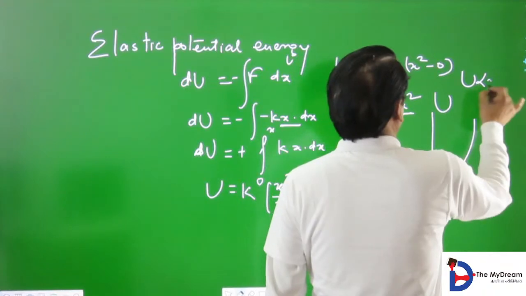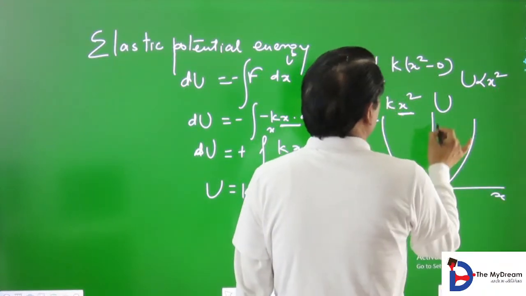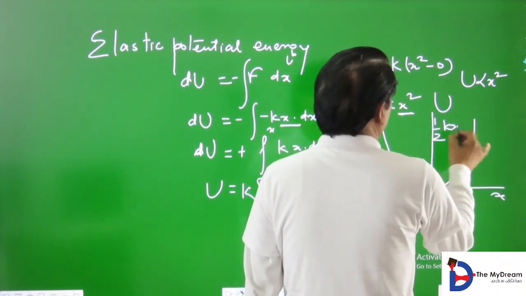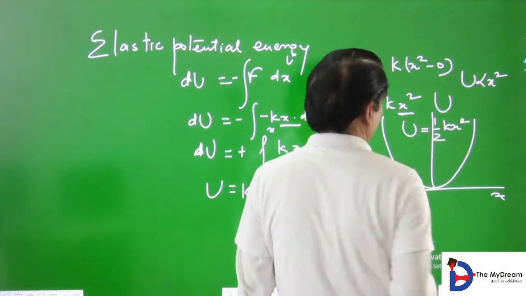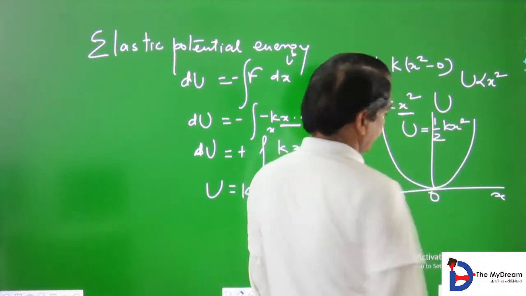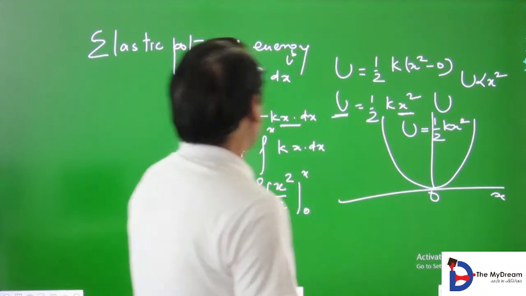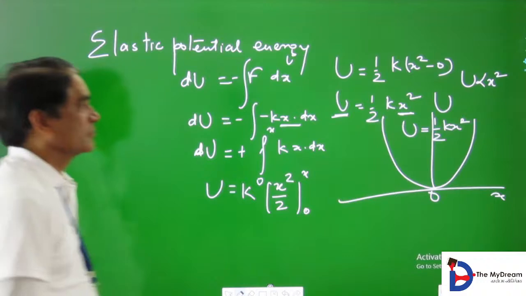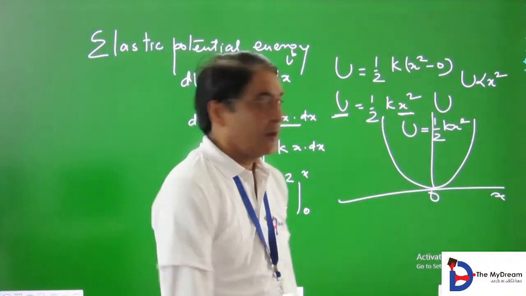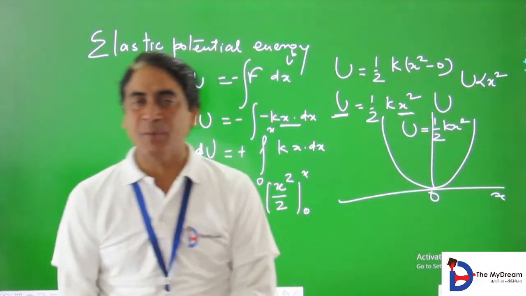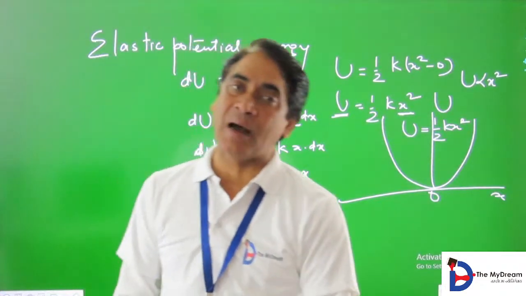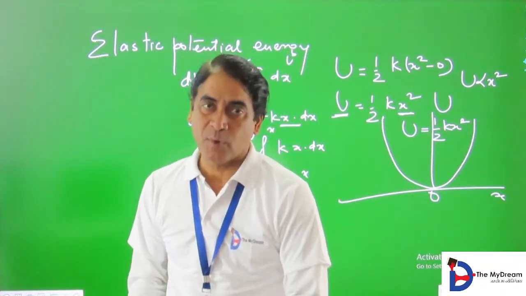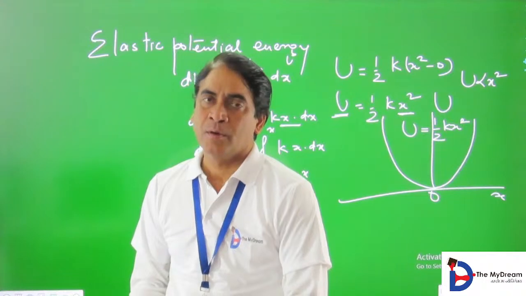This is directly proportional to this. So this is about the elastic potential. In the next session, we will discuss the problems which are based on work and power. Okay?